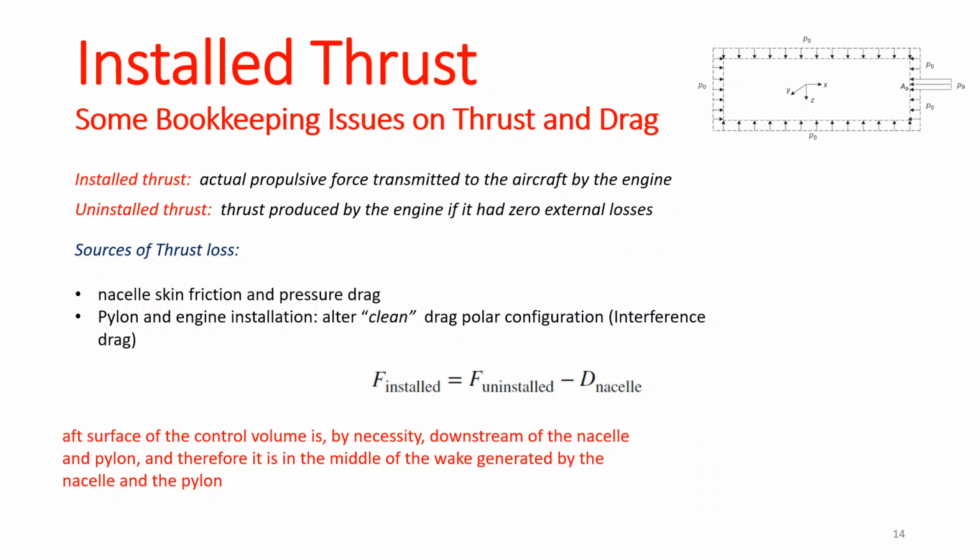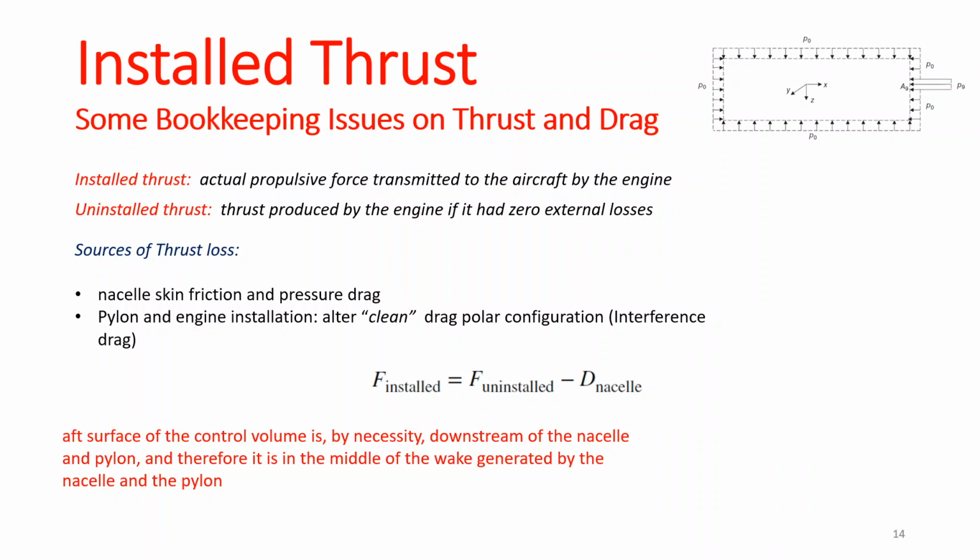And you may actually ask, so what is this interference drag? What does it do? I mean, other than the interference drag, what will the pylon engine installation do? So essentially what is going to happen is that the control volume you have over there is going to be affected by the wakes that are generated by the flow under the wing, right, and the pylon, right?